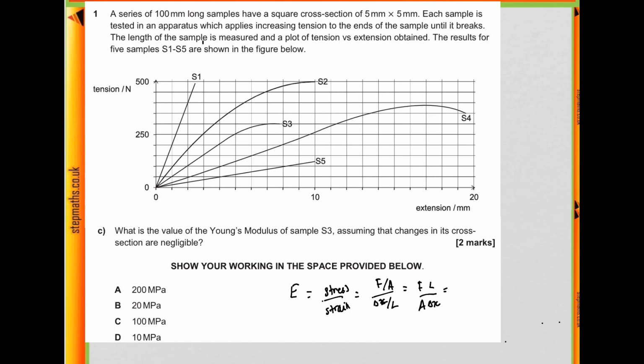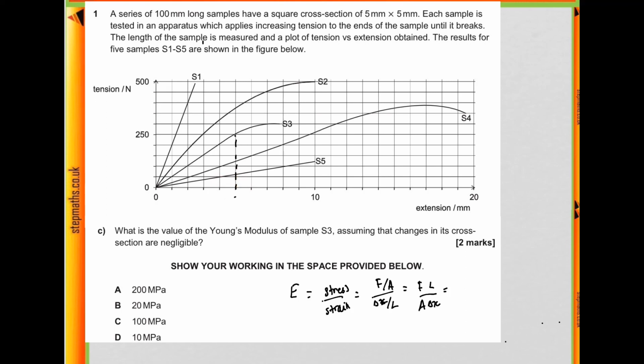So let's look at this point here, because after that, or maybe this point might be better. Okay, let's look at this point. So let me erase that. At this point, we know that the extension is 1, 2, 3, 4, 5 millimeters.